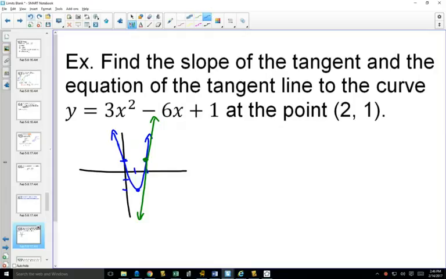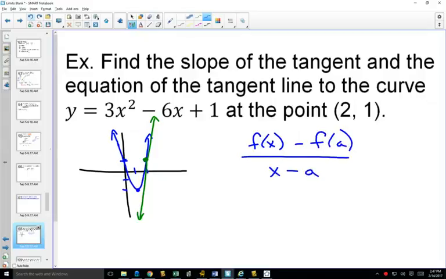Well, we know that our slope is rise over run. And the slope of any secant will be our rise, our difference in our y values, divided by our difference in our x values. And what we're going to try to find to calculate our slope is the limit as x gets close to a.